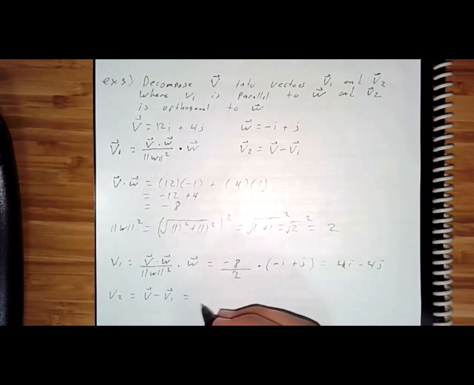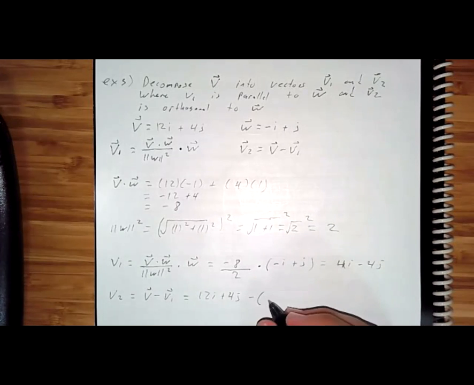So that will be 12i plus 4j minus 4i minus 4j.